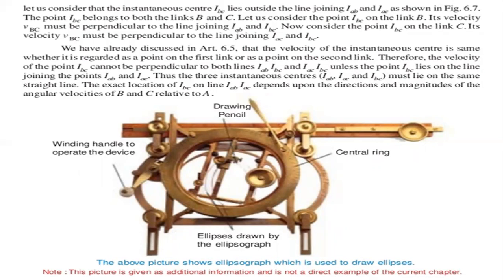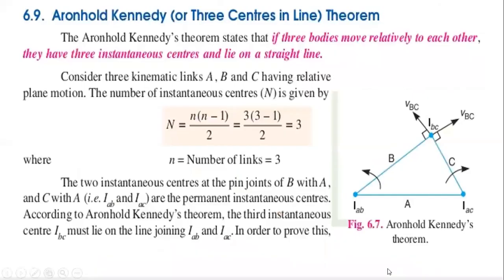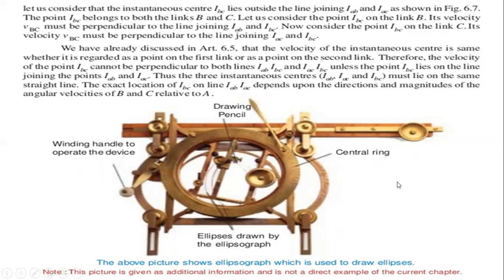First of all we are going to consider the point IBC on the first link, that is the B link. Its velocity must be perpendicular to the line joining IAB and IBC.